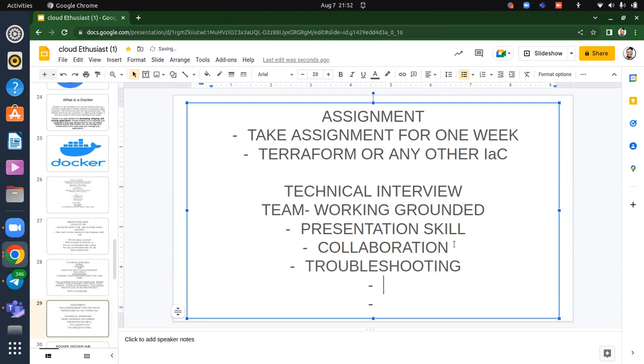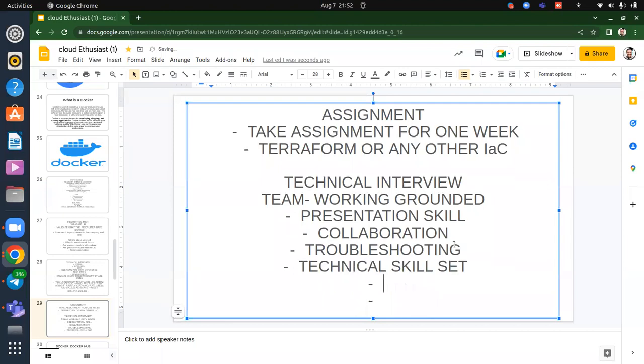Then they also want to know your technical skill set and your learning speed or skill. So this is what they are looking for in this stage of the interview.